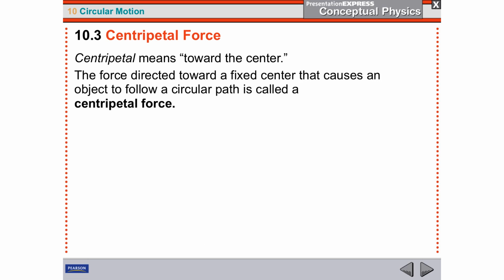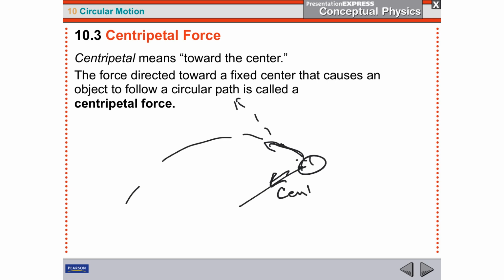The force directed towards the center, remember, if you have a rope with a ball and the rope has a tension in it, making it go towards the middle, then the ball, instead of going straight ahead, is forced to travel in a circular path. That is called the centripetal force.